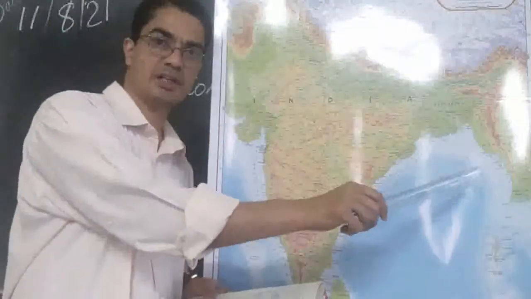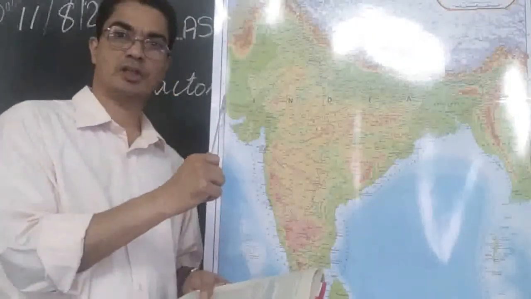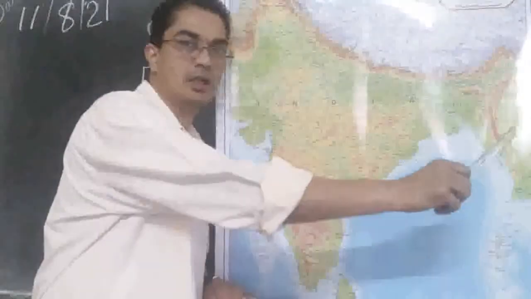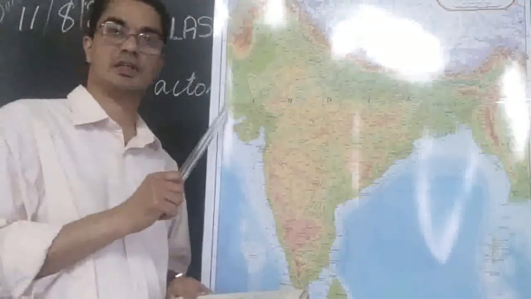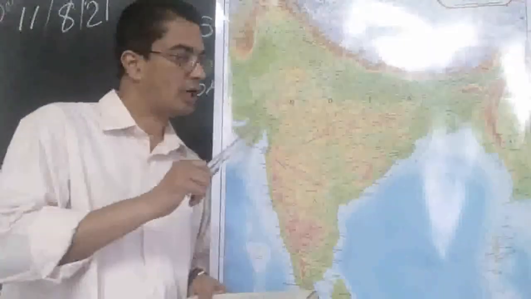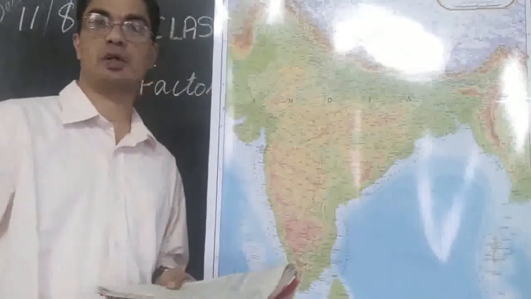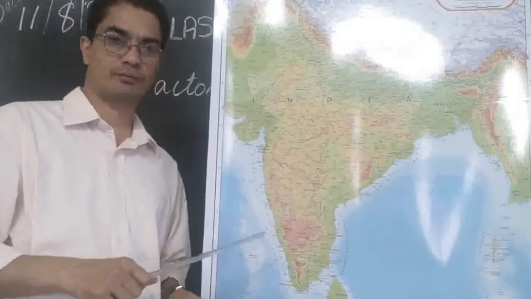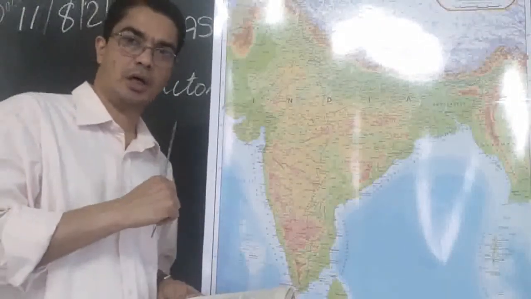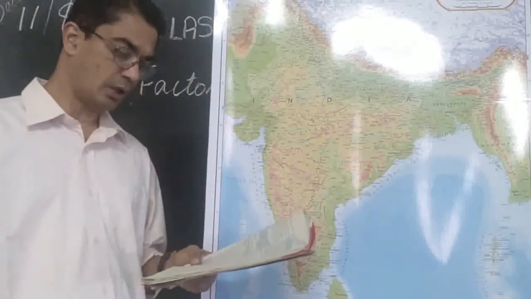The wind that originates here in the west and goes towards the east. That is called easterly wind. So the region where India lies is a place where the wind is moving in the eastern direction.